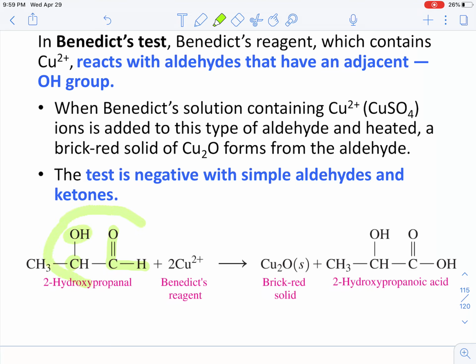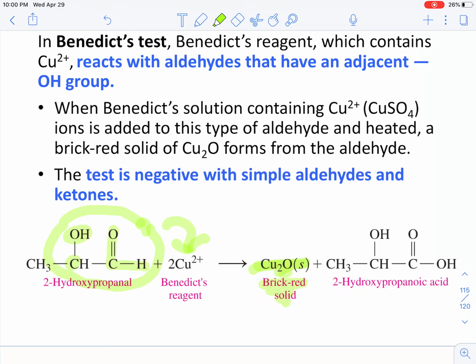This combination will allow this copper to be reduced into copper 2 oxide. So this copper 2 oxide is going to turn brick red.